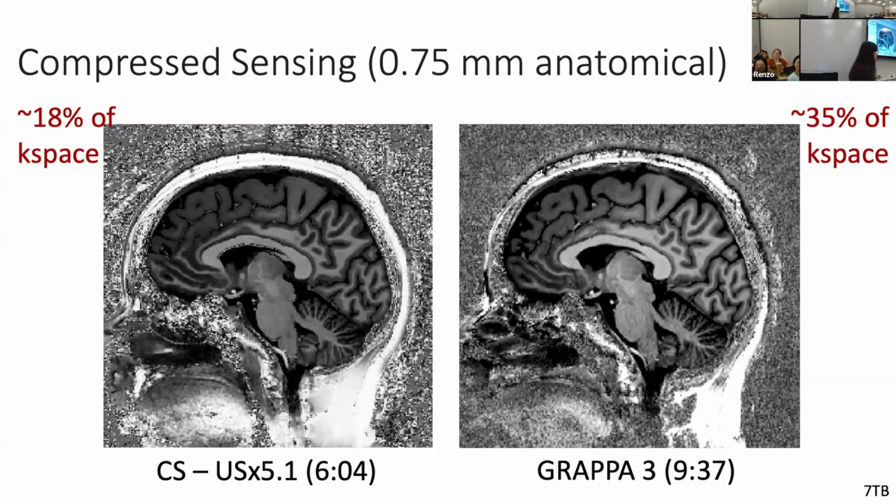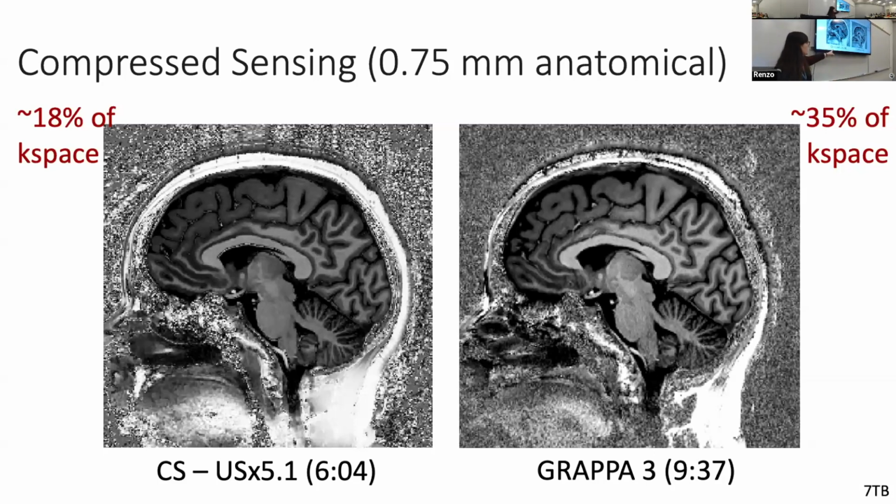The point being, if we take as our example for comparison the GRAPPA3 reconstruction, so this is, in other words, skipping 2 lines for every line that we've collected, we can do this scan in about 9 minutes and 37 seconds for an anatomical that has sub-millimeter resolution. So this is 0.75 whole brain, also MP2RAGE, etc.